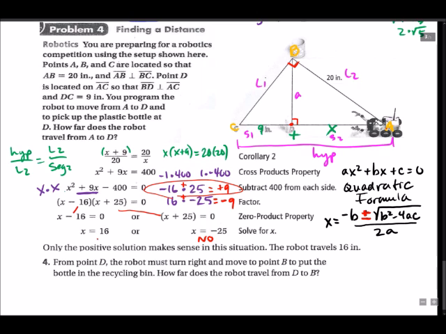A quadratic, x squared, a quadratic will always have two solutions because you are square rooting. Square roots always have two solutions, a positive and a negative. Square root of 9 is 3 and negative 3. So our first equation would be the opposite of b plus the square root of b squared minus 4ac all divided by 2a.